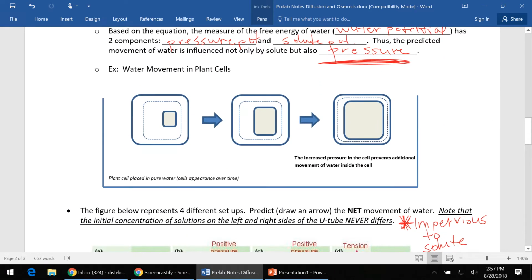Let's look at a cell as an example. So let's say that this diagram is looking at a plant cell. So this outer, thicker layer is going to be the cell wall. The inner layer, this dotted line, would be the plasma membrane or the cell membrane.